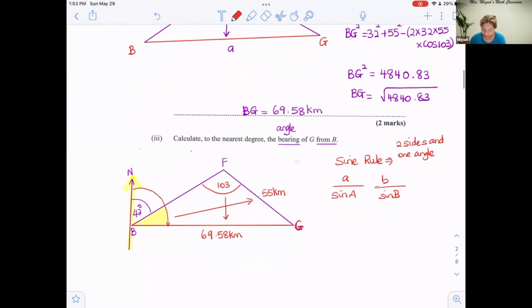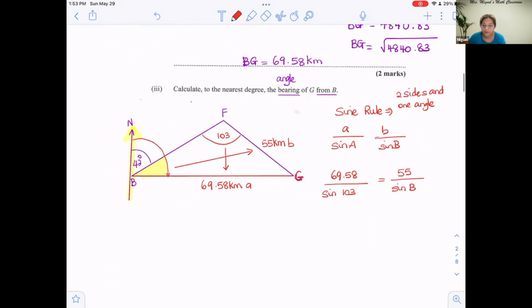So A over sine A, we could call here A and here B. So 69.58 divided by sine of 103, because this is opposite to this side, and then 55 is opposite to angle B. So 55 over sine of angle B.